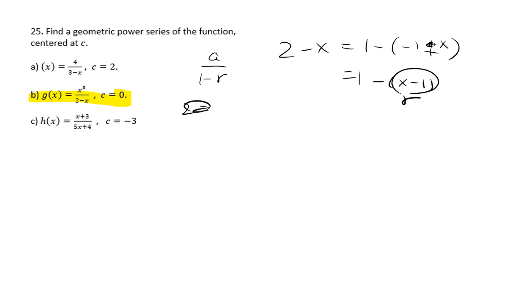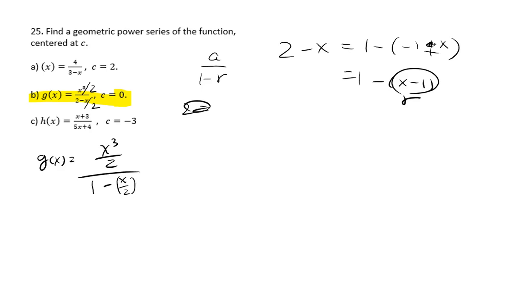So what other methods are there? Well, instead of trying to break 2 as 1 plus 1, another way to do this would be divide 2 top and bottom. Then you get g of x equal to x cubed divided by 2. 2 divided by 2 is 1. X divided by 2 is x over 2.